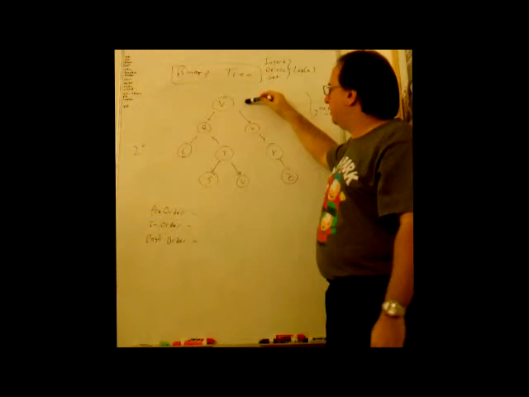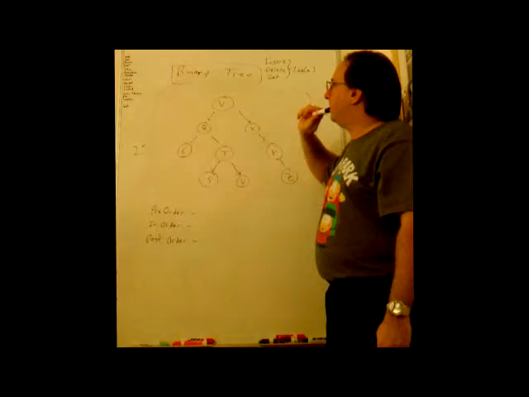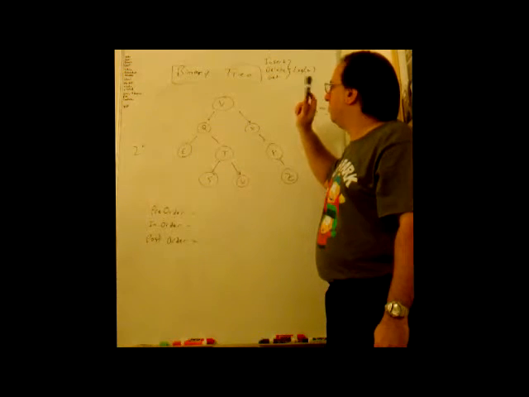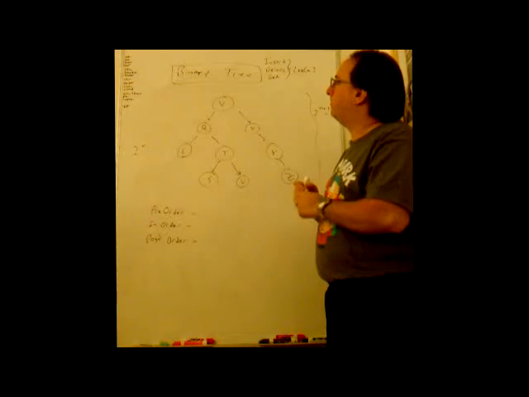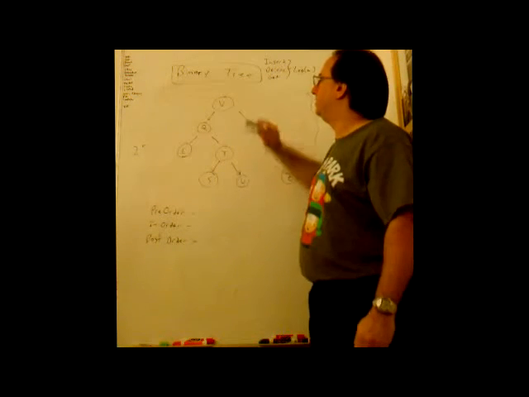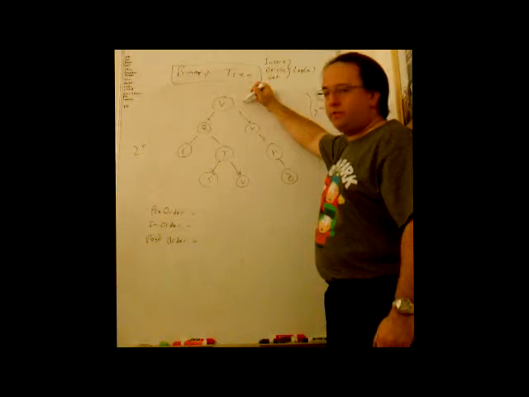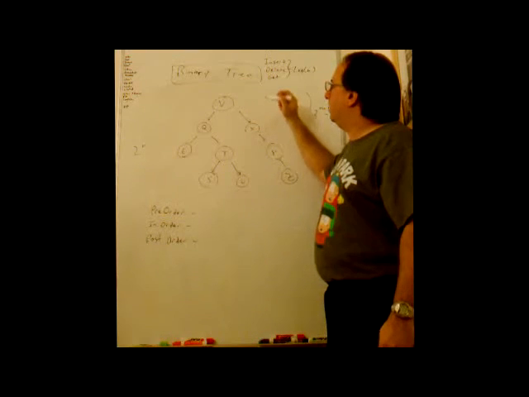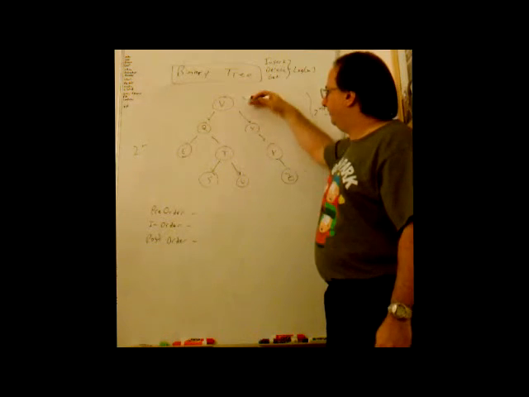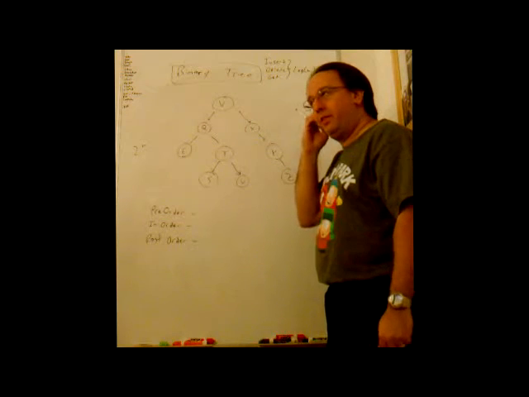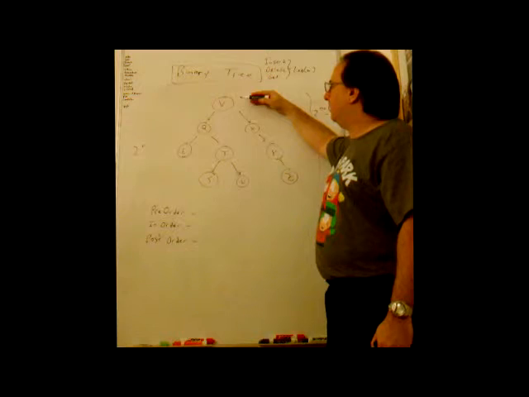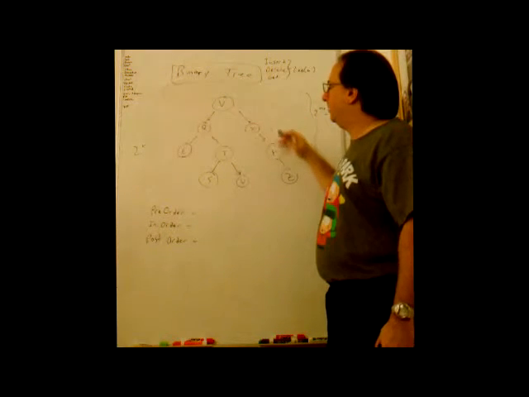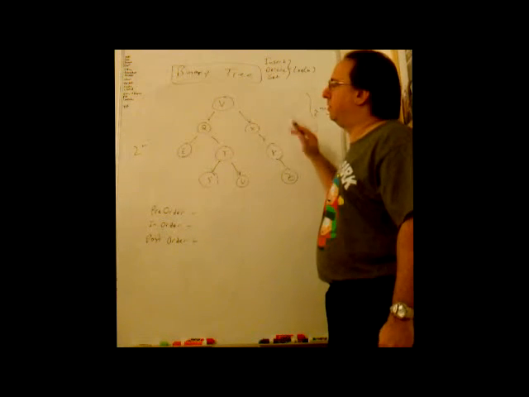So this is a tree with, let me back up one second, give you definitions of two more things: levels and height. The level that you're at is how far down, the number of steps on the path, that you are.